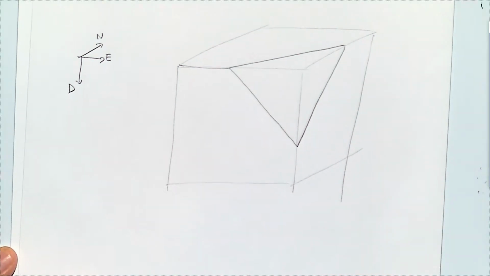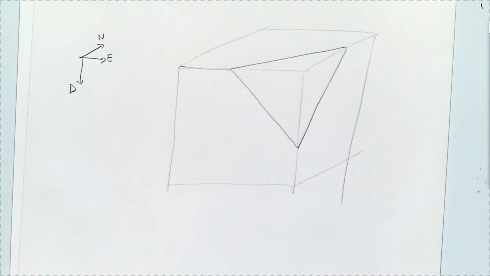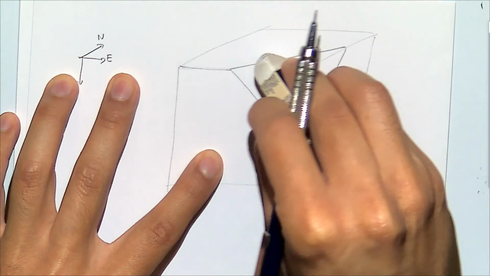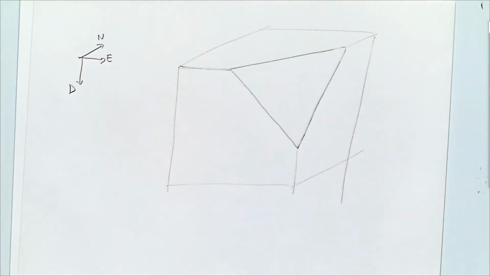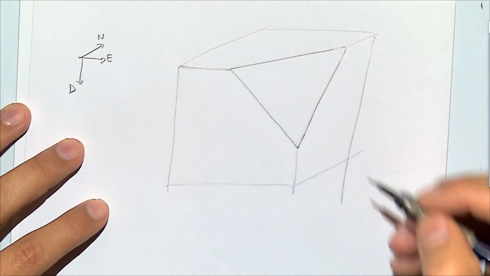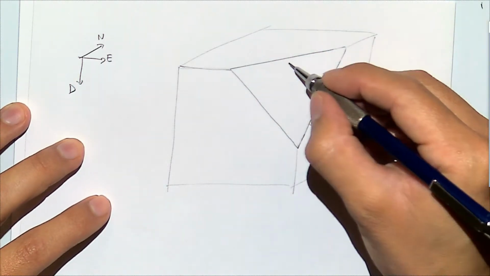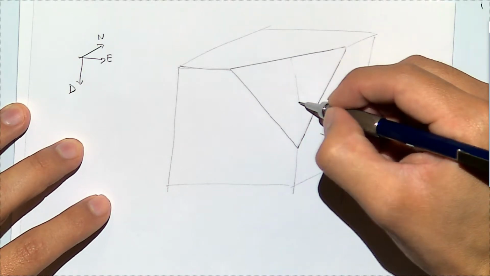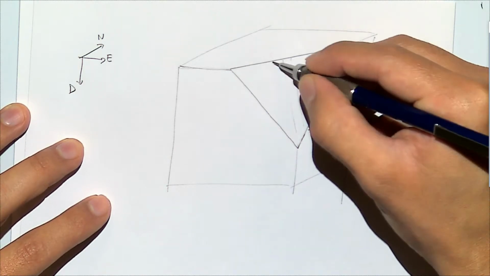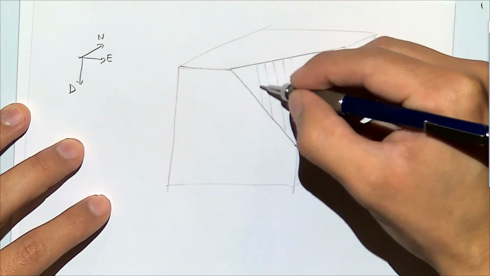All right, so we're going to define a few things here. So this is a cut on the cube. And if I were to drop a drop of water somewhere over here, it will fall in this direction. This is the steepest direction in this plane.